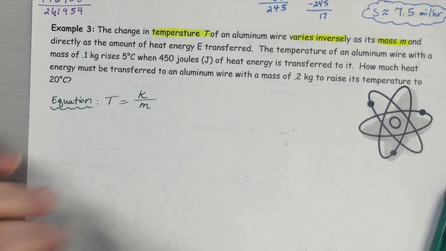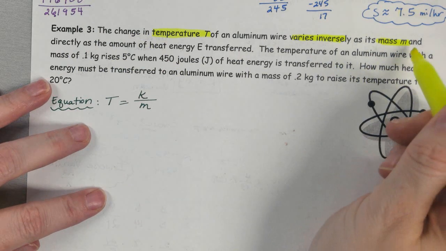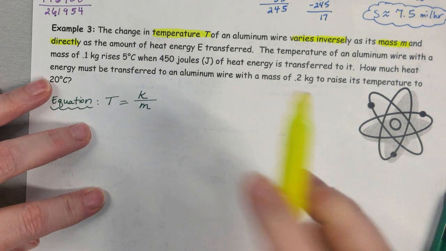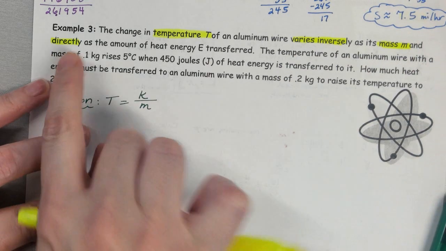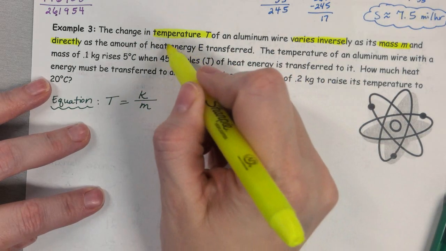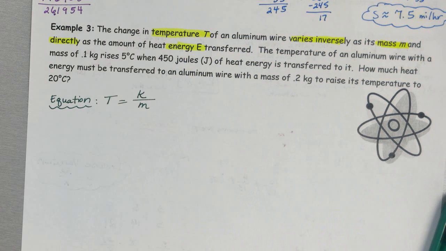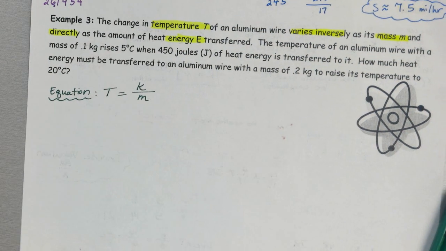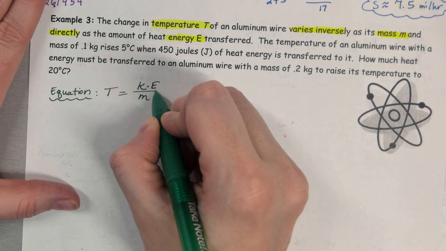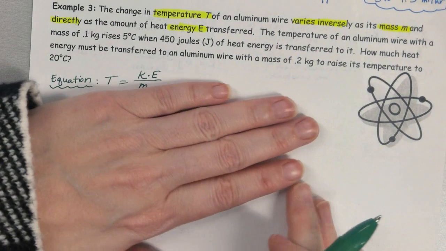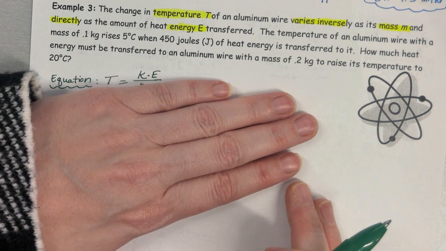Now it says, and directly. So the temperature T varies inversely as its mass m, and directly as the amount of heat energy E. So if it's direct, remember direct, you multiply by K. So this is just going to be multiplied by E. So if you cover this up, this is the direct variation.